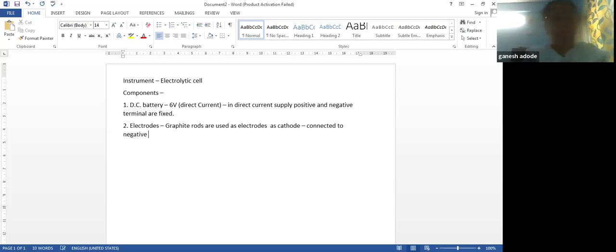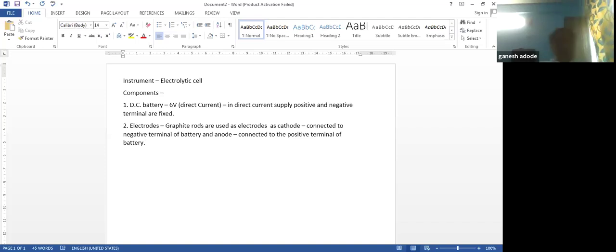The second one is the anode. Anode means the rod which is connected to the positive terminal of the battery.